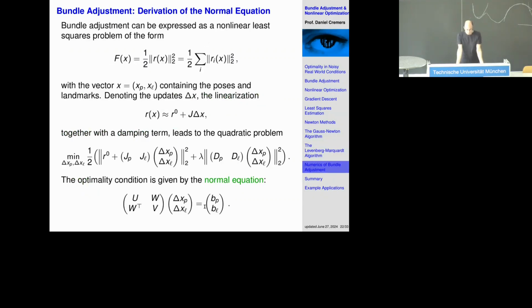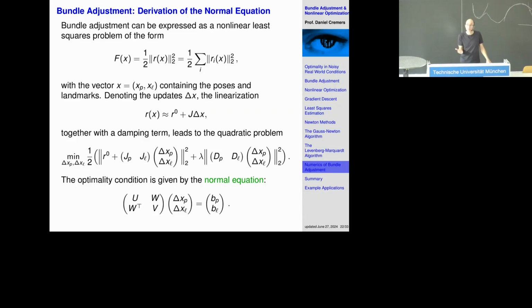Let's look at this more specifically. Here is the bundle adjustment problem. This is the sum of residuals squared. Here I write it like that. And then x is the vector that contains the parameters: xp stands for the poses, that means rotation and translation of the camera.